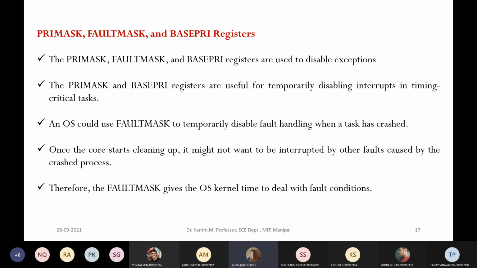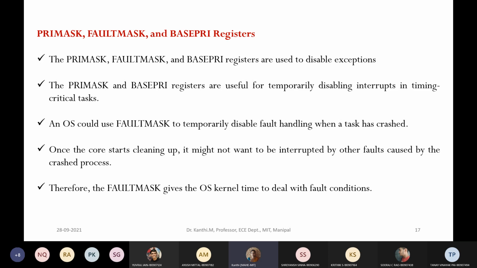Normally all these configurations are in the configuration file, as well as in the header file which we use specifically for the processor. We will have all these registers set or reset when we make use of operating systems. So this fault mask is used to temporarily disable fault handling when any task has crashed.